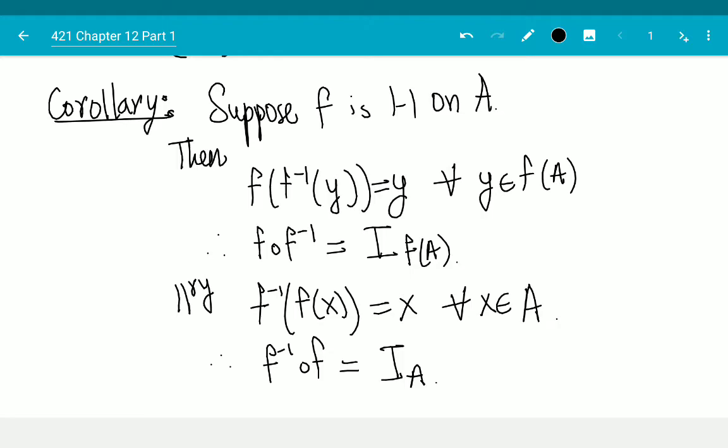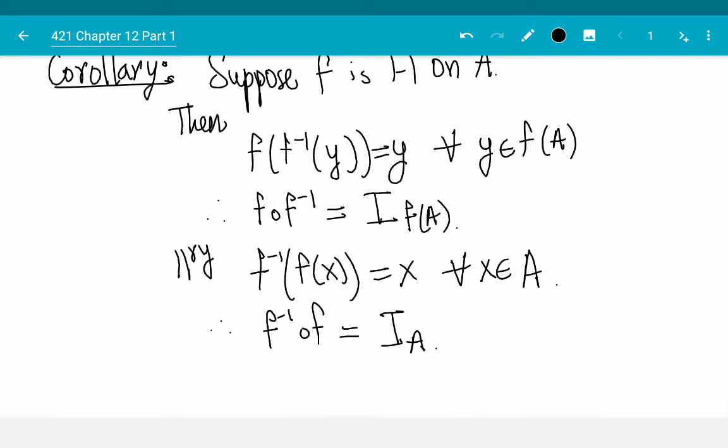I am not really going to prove these because it's just diagram chasing. You say that, well, if f is 1 to 1, and you call f inverse of y equal to x, f of x is by definition y, so f of f inverse of y is equal to y. The function that does that is the identity. Similarly for the other one.